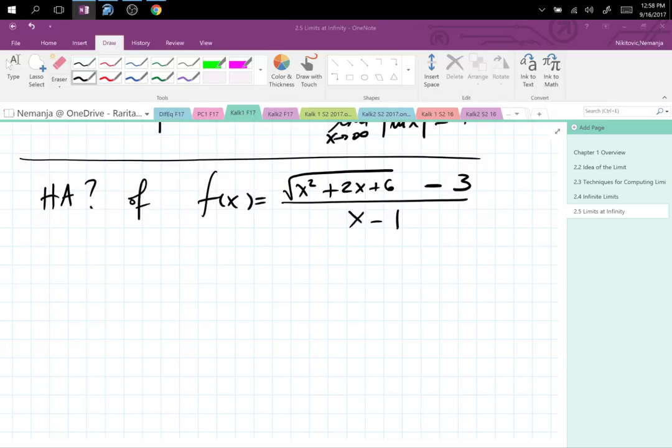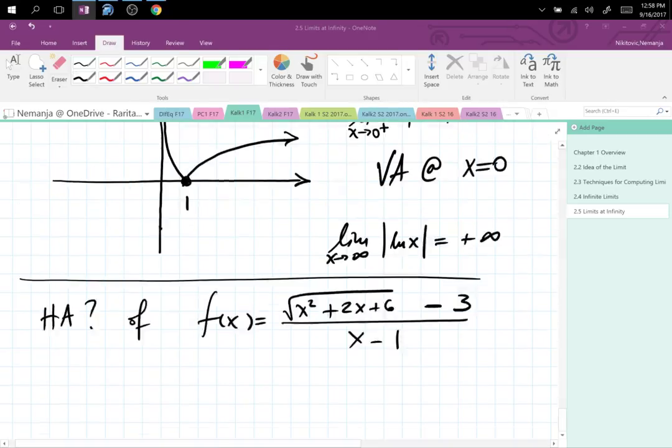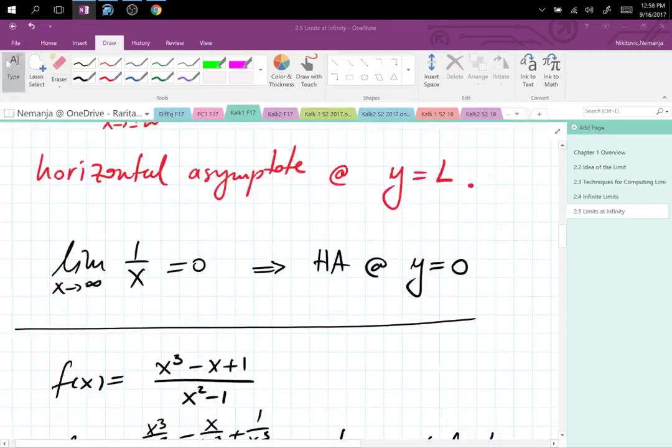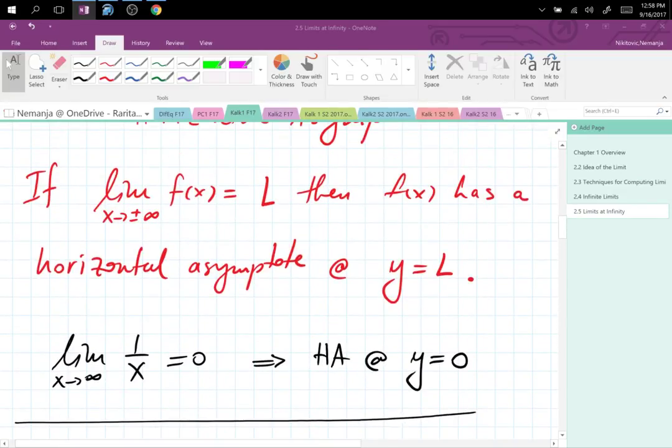And the horizontal asymptote is 1. Nice. How do we find horizontal asymptotes? We solve the limit as x goes to infinity. That is the definition. You learn that, you use it. Finally, you're understanding that calculus is about learning theorems.